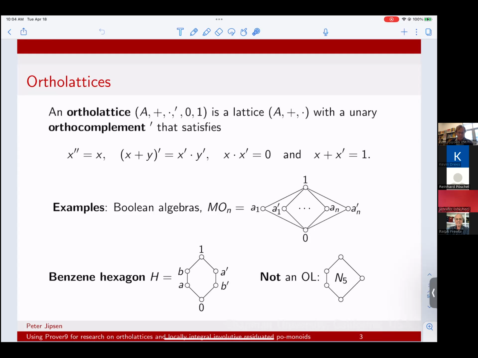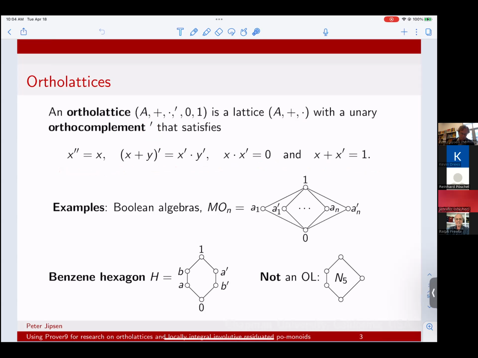So an ortholattice, as you can see here, is just a lattice expanded with a unary operation that satisfies these properties. It has to be an operation obeying De Morgan's law that is its own inverse, and it's a complement.